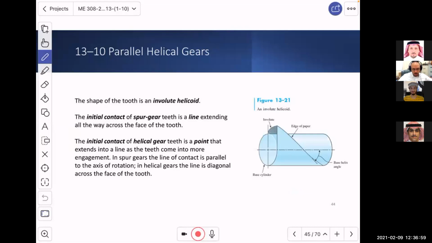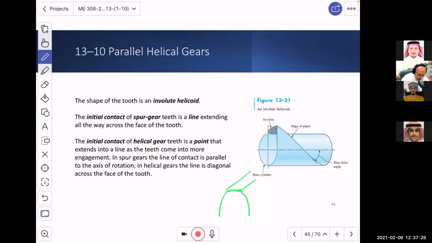And I'm not going to talk about the details on how to construct the involute. You can read it by yourself from the textbook. But what is important here is that this involute, which is achieved to maintain the constant angular velocity ratio, and so on, is that when you look at a spur gear, ya shabab, the main difference is this.